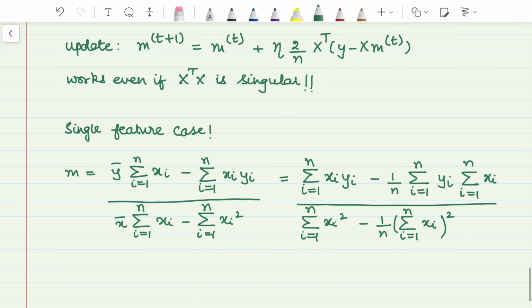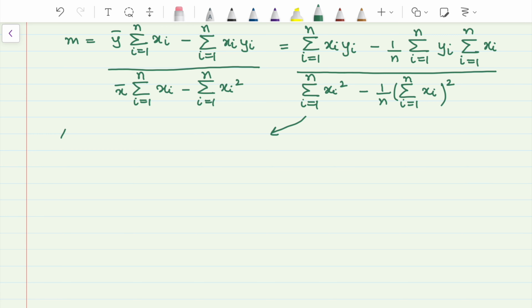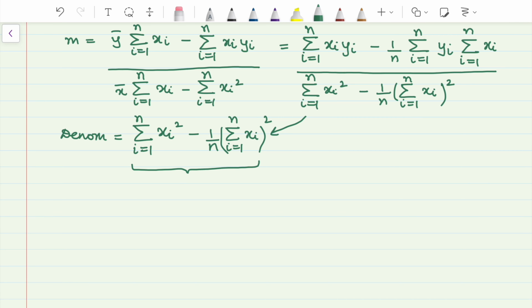We obtain the denominator to be summation of xi square minus 1 by n times summation of xi whole square. The denominator can be rewritten as summation of xi minus x bar whole square.